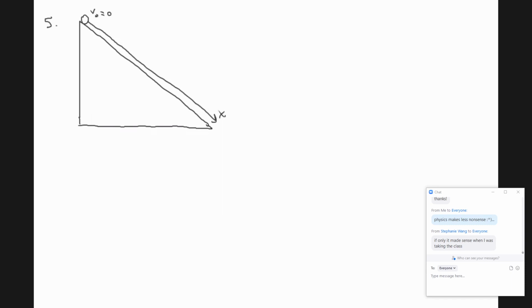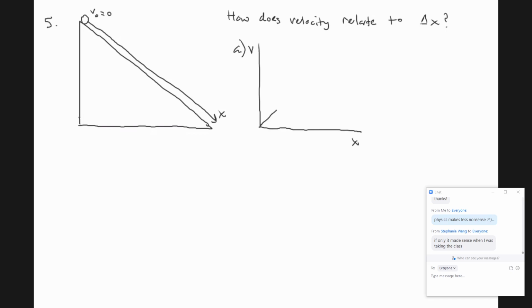So I want to know, how does velocity relate to the change in displacement? A, velocity as a function of displacement is linear.